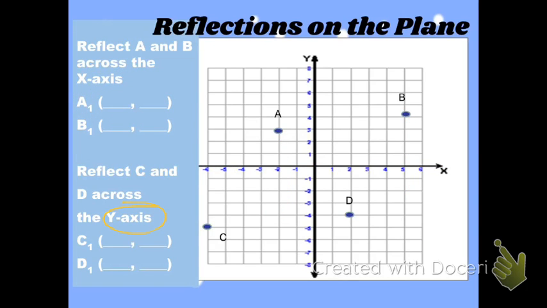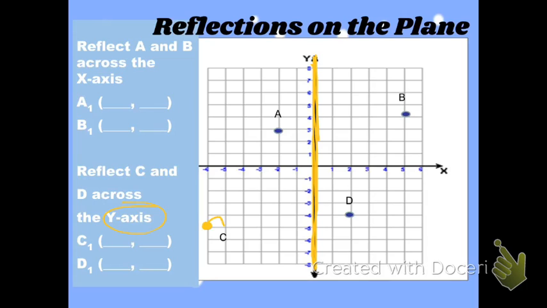Okay, so C and D say reflect across the y-axis. That's important to remember, so we get it right. So we're going to highlight the y-axis, just like that. All right, and let's start with point C. So C is right here. Let's count with loopy things using a pencil, remember, to see how far we are.